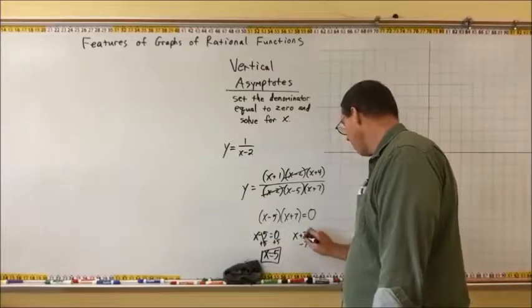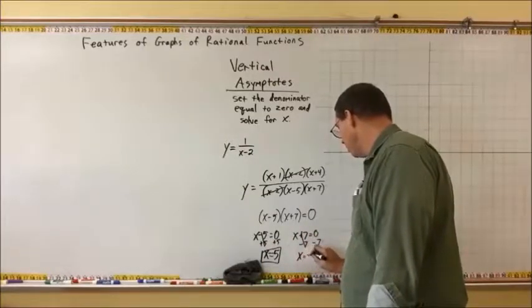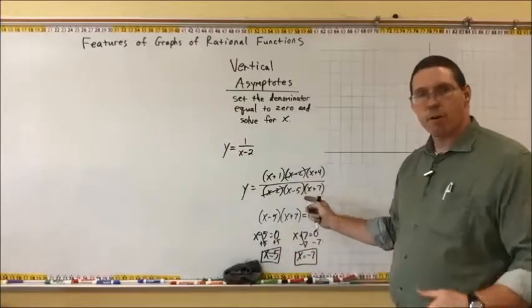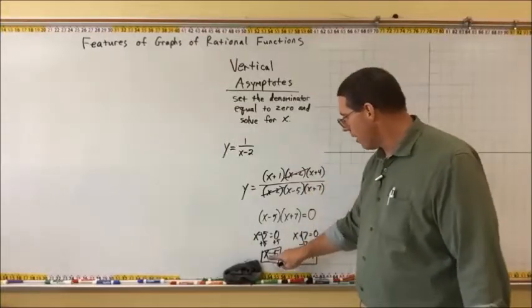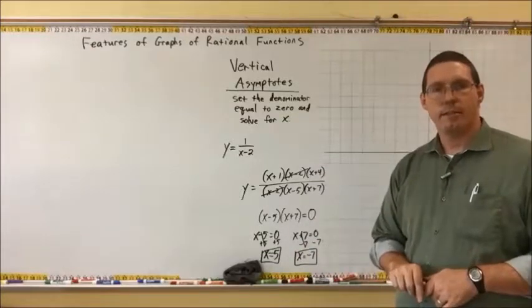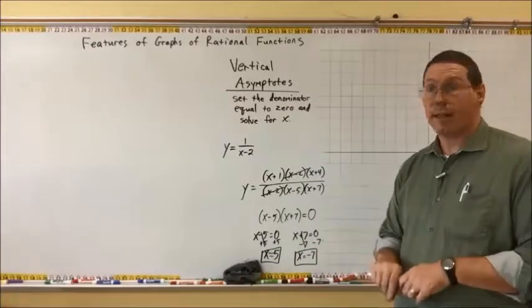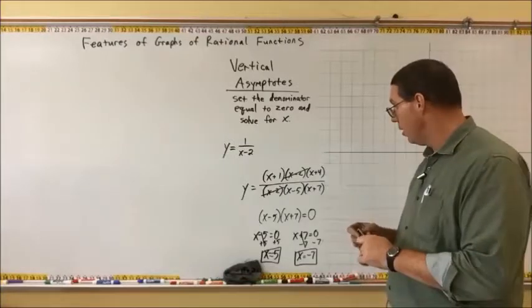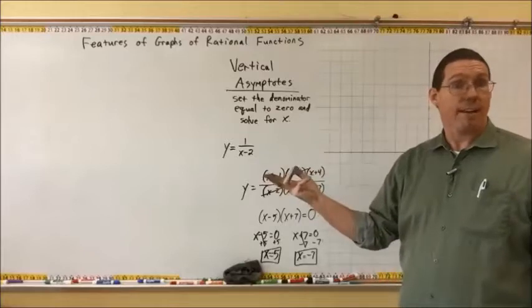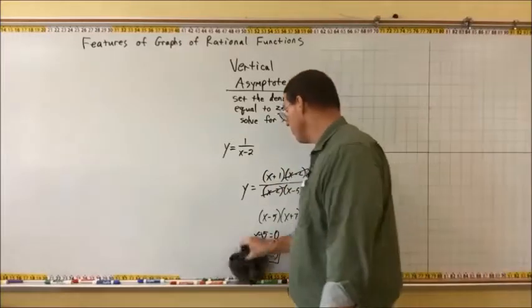Subtract 7, and x is equal to negative 7. That means that there is a vertical asymptote. This function has a vertical asymptote at 5 and a vertical asymptote at negative 7. So that's it. That's how you identify a vertical asymptote. You just simply set the denominator equal to 0 and solve for x. That'll give you all the vertical asymptotes.